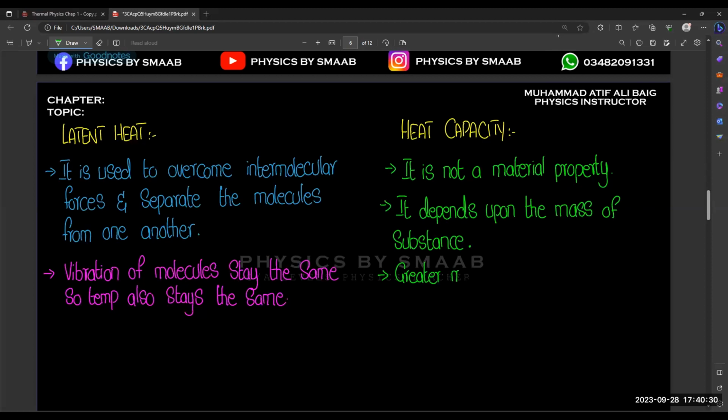Greater mass means a larger amount of heat, or we can say the larger the heat capacity is.